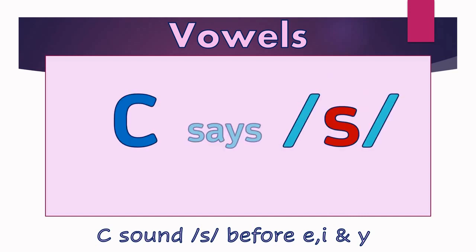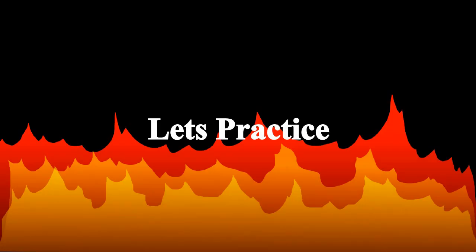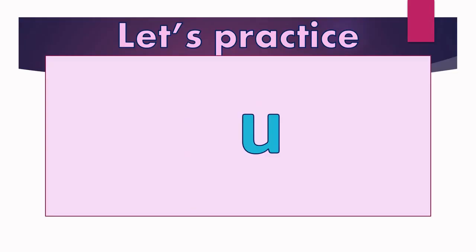Now let's practice what we have learned so far. What is the sound of C if it is followed by U? K. Yes, because C is followed by A, O, U and any consonant, it says k.